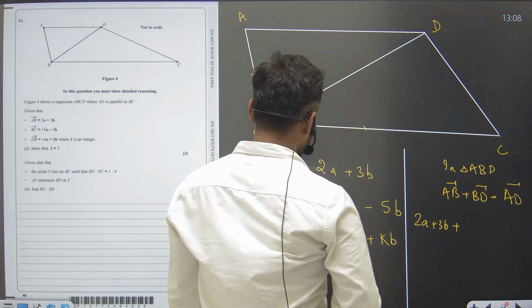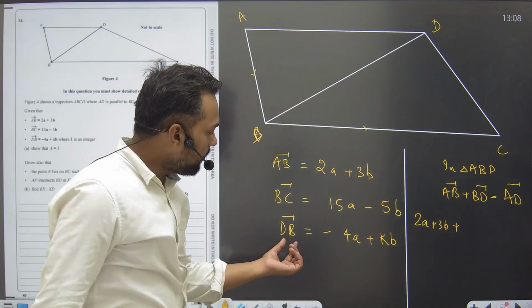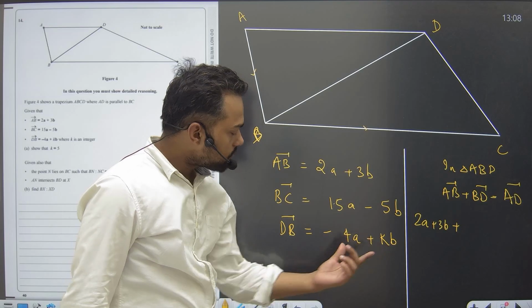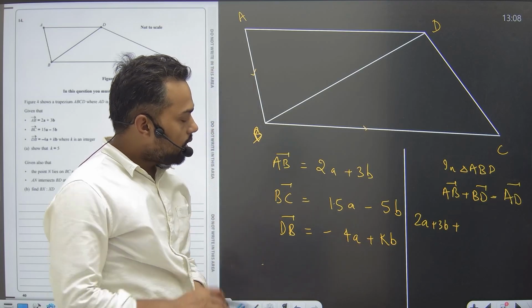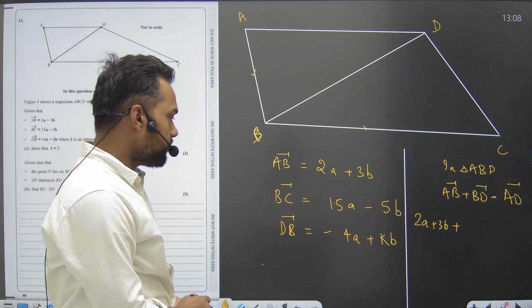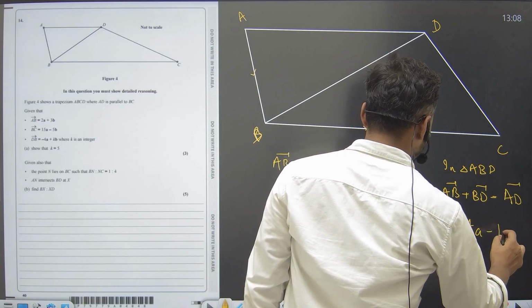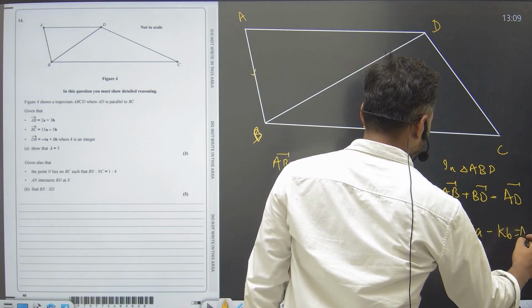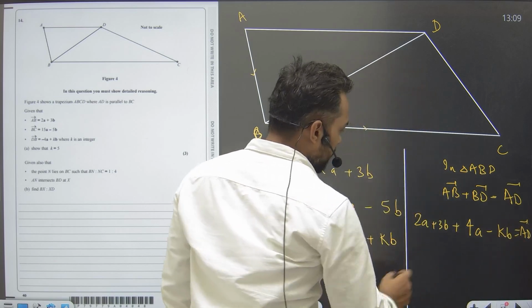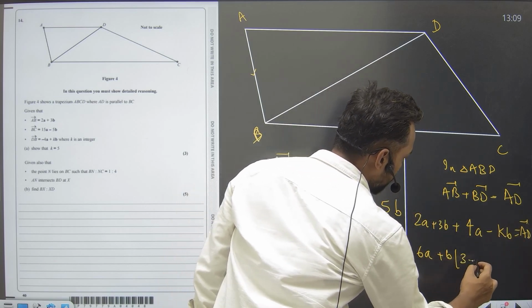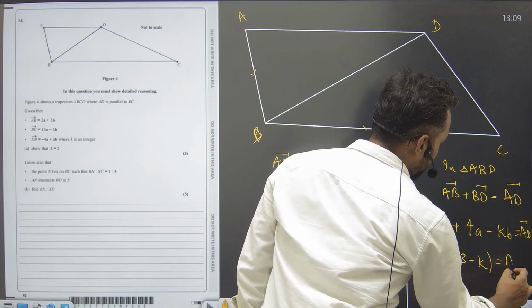Similarly, BD vector: DB vector is mentioned in the question, so for BD vector we just need to reverse the values with negative sign. So we will get BD as 4a minus kb, equal to AD vector. So from here you will get 6a plus b common, 3 minus k, equal to AD vector.